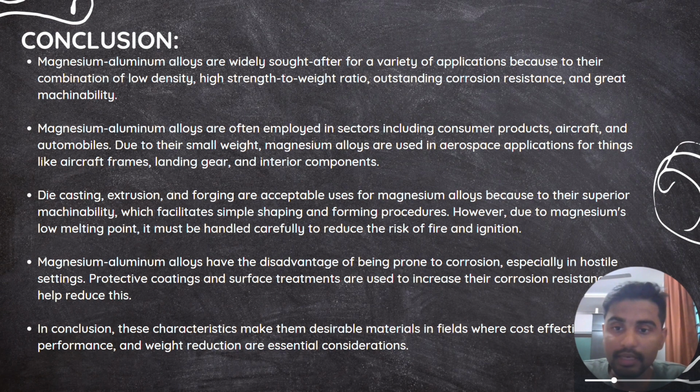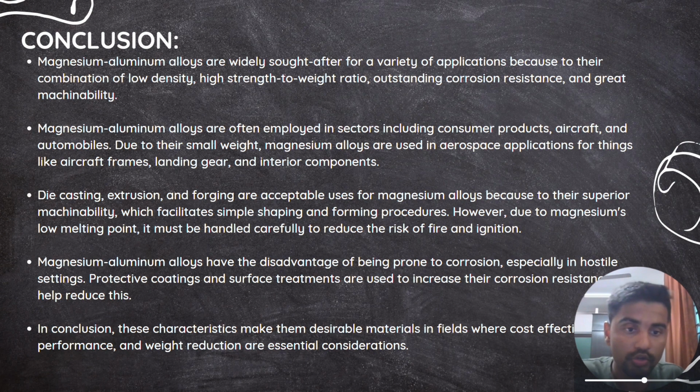Next, they are often employed in sectors including consumer products, aircraft, and automobiles. Due to their small weight, magnesium alloys are used in aerospace applications for things like aircraft frames, landing gear, and interior components. Die casting, extrusion, and forging are acceptable uses for magnesium alloys because of their superior machinability, which facilitates simple shaping and forming procedures.